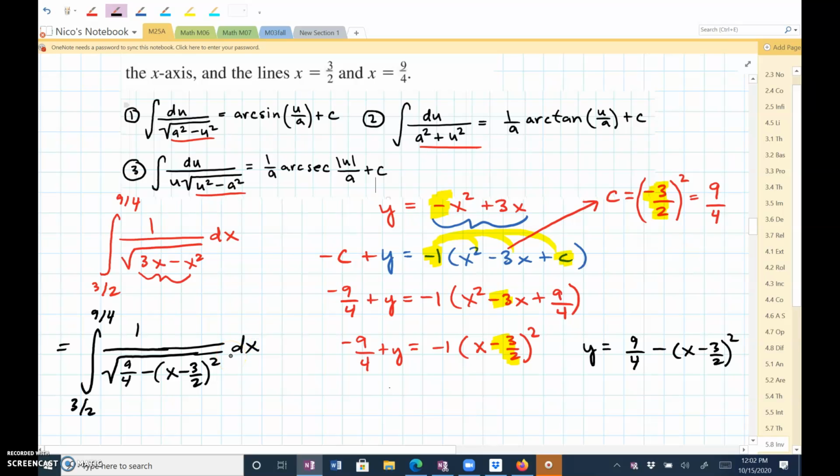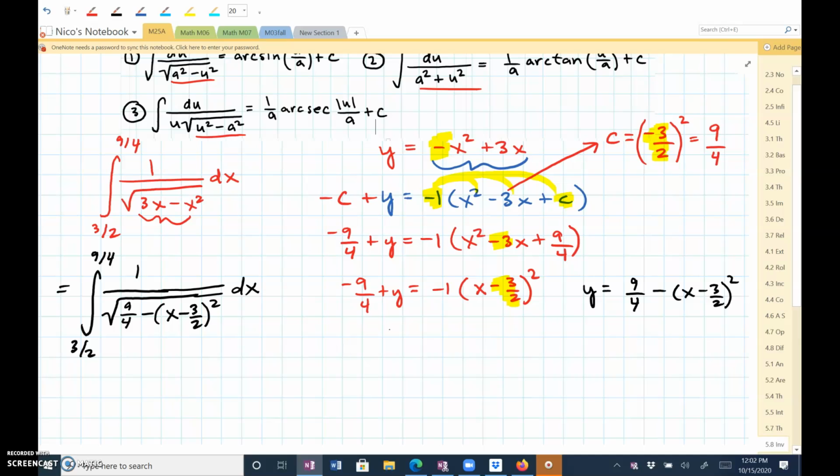And this is going to look like this guy, because this is going to be a squared, and this is going to be u squared. So now let u equal x minus 3/2. So du equals dx.